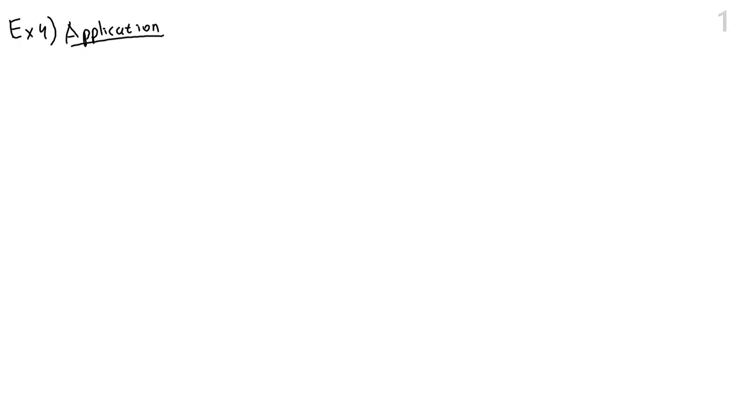I'll just write down the system and the solution. I won't solve it. So this is the problem. We have 500 tickets sold. We know that the adult price is $7.50.